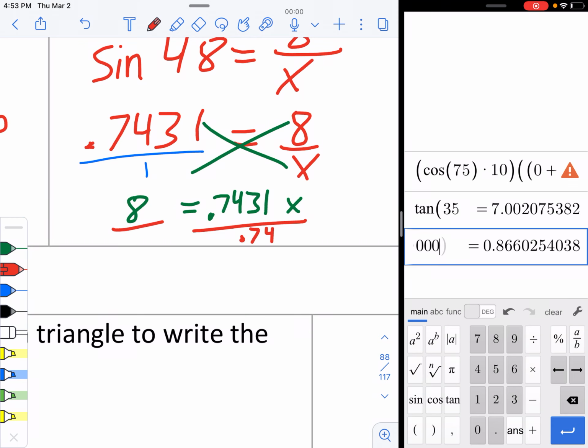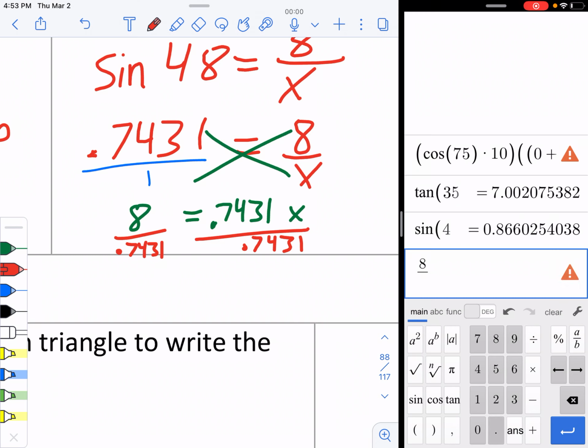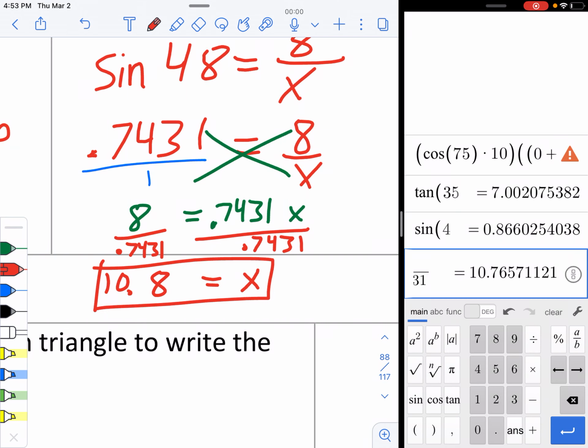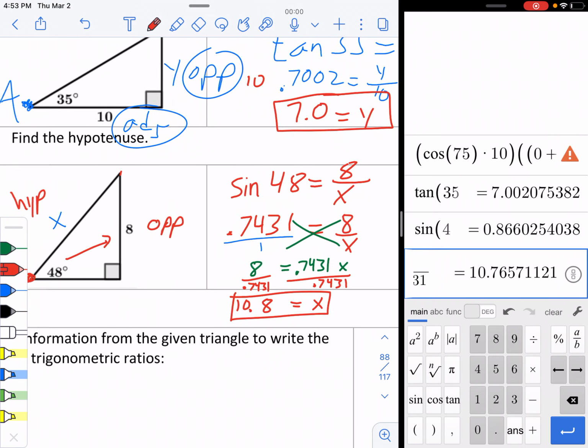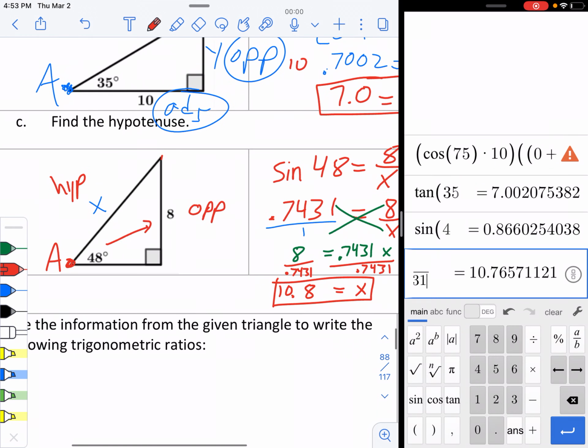Divide by 0.7431, divide by 0.7431, and we can go to our calculator, and we can say 8 divided by 0.7431, and that gives us an answer of 10.76, or 10.8, rather than there's 10th there. All right? So that's the idea. All right, the hypotenuse is 10.8, which is good because that's bigger than 8, so that's what we expect.